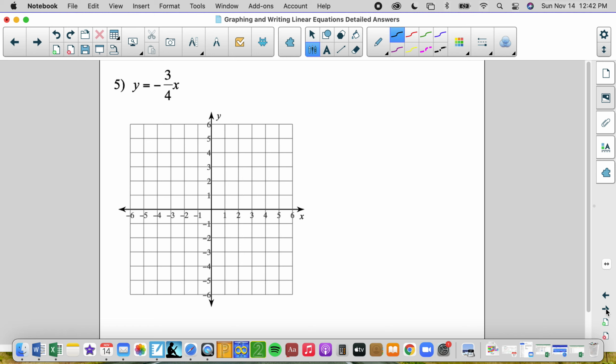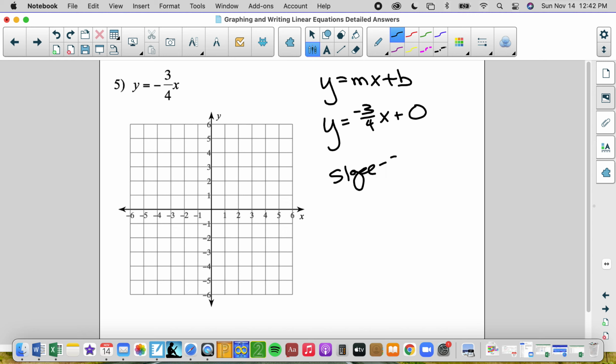And number 5, remember, y equals mx plus b. Nothing's being added or subtracted, so we would see this as -3/4 x plus 0. So my slope is -3 over 4, which means down 3, right 4.